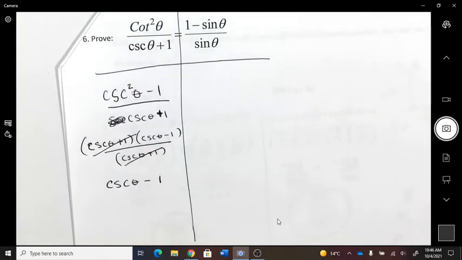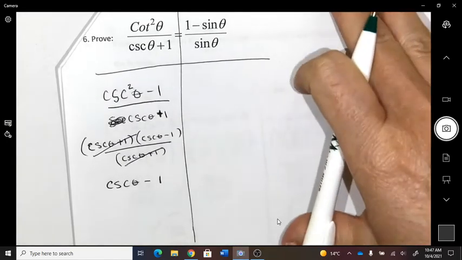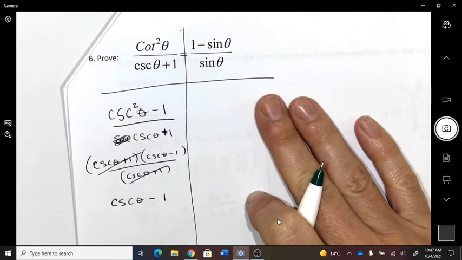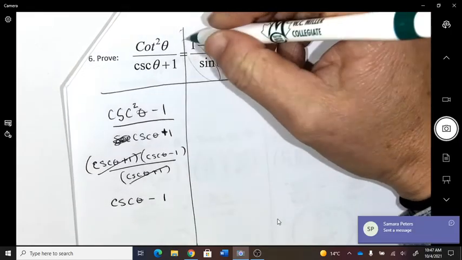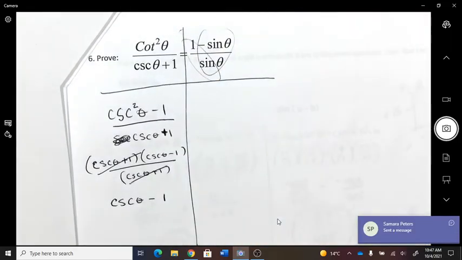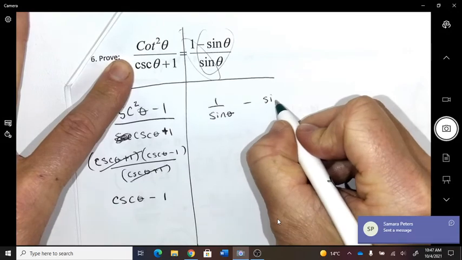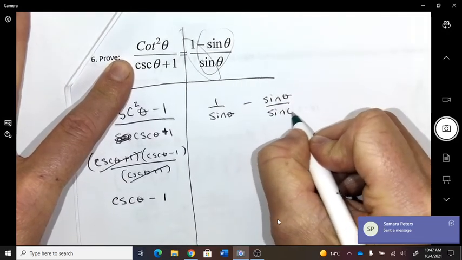Okay, I'm going to pause for a second and peek more at the right-hand side. On this right-hand side, I'm going to split this fraction apart. Can you split that fraction? So 1 over sine theta minus sine theta over sine theta.